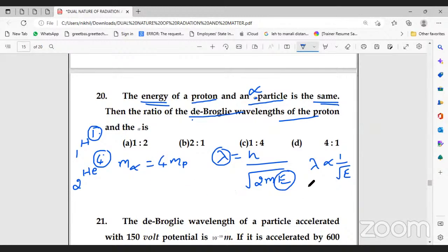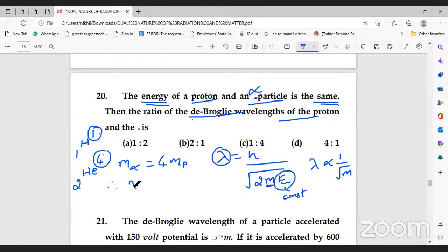Now they are asking to find the ratio. Energy is the same, right? Energy is the same. So how are the wavelength and mass related? Energy is constant, so lambda is inversely proportional to root of mass.